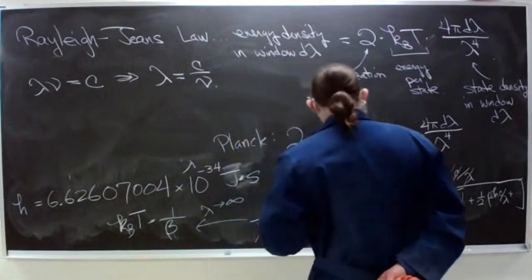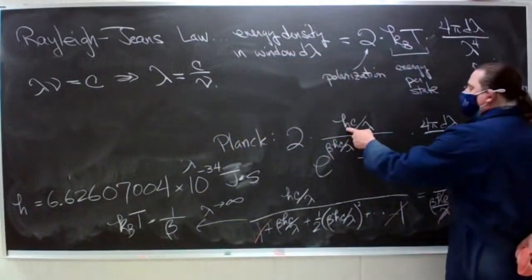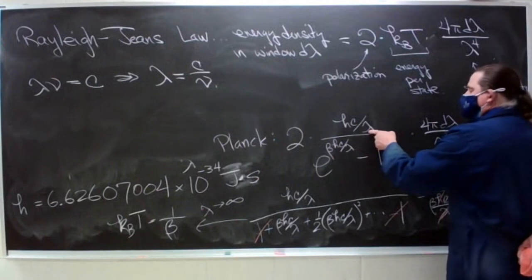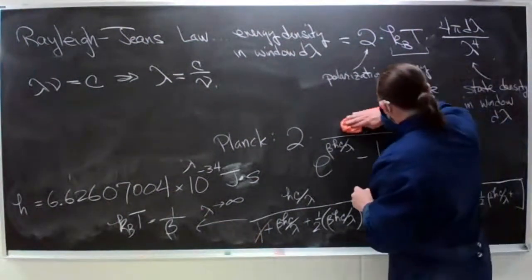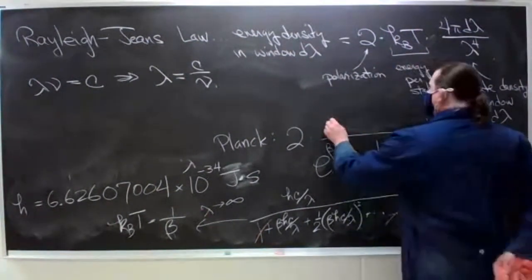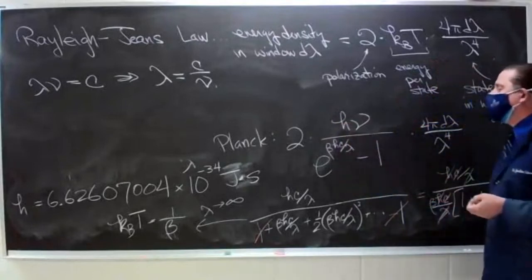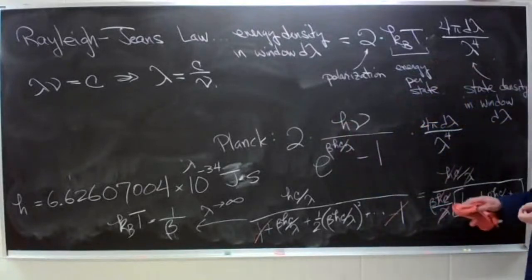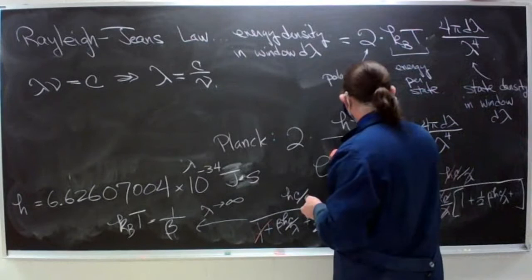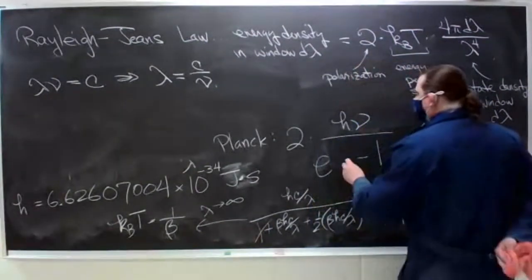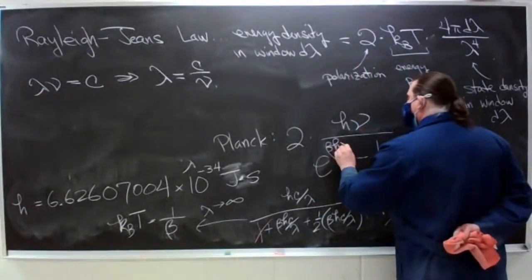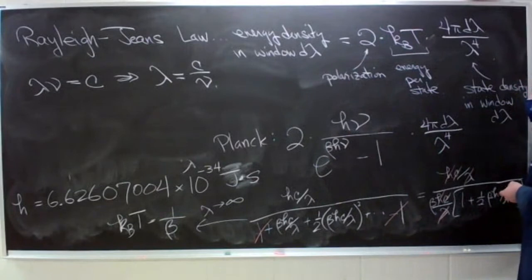All right, so let's see what this would turn into. hc over lambda becomes h nu. This exponential becomes beta h nu.